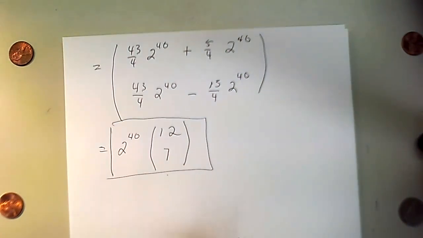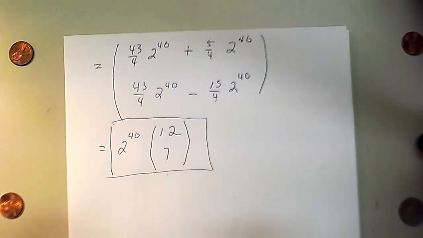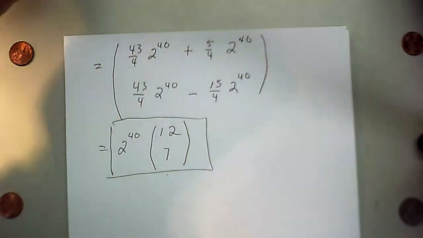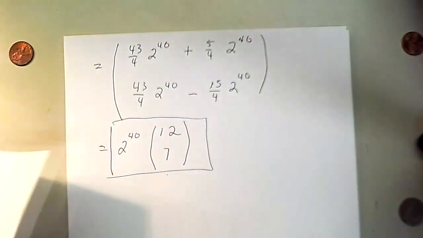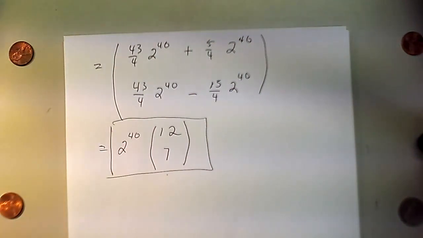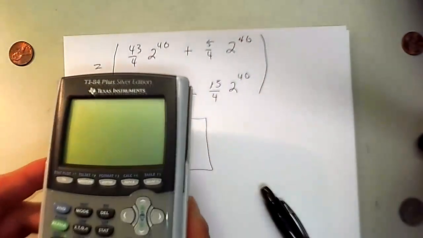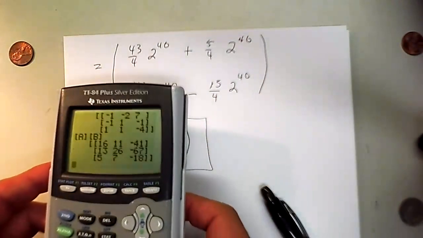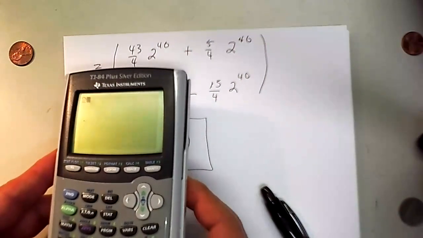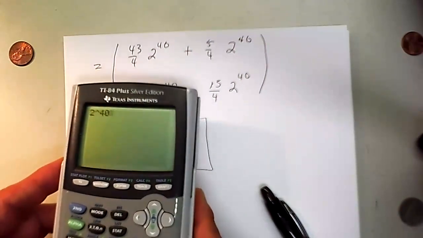We don't have to multiply with the matrix 40 times. In fact, it gets to a point after a while where the calculator cannot do 2 to the 40 anymore. Let me just check very quickly. What does the calculator try to do? Let me clear this up. 2 to the 40.